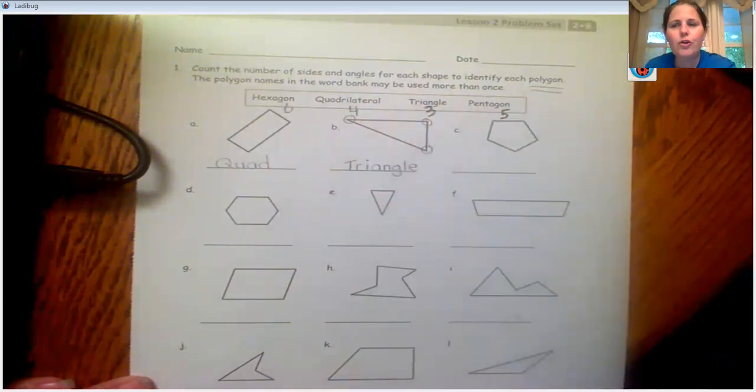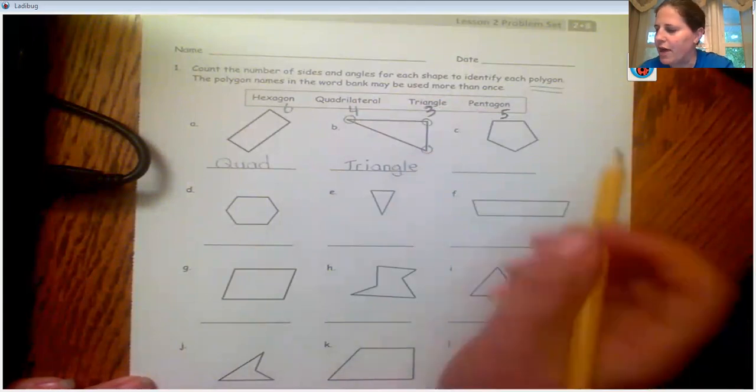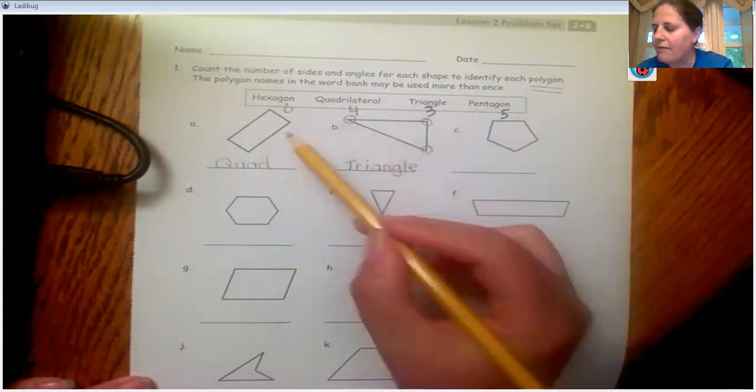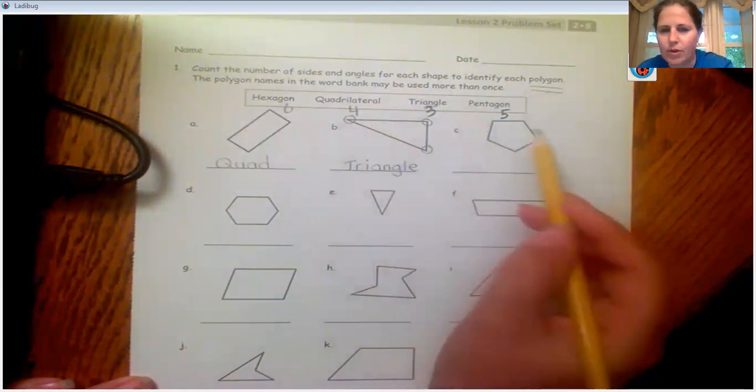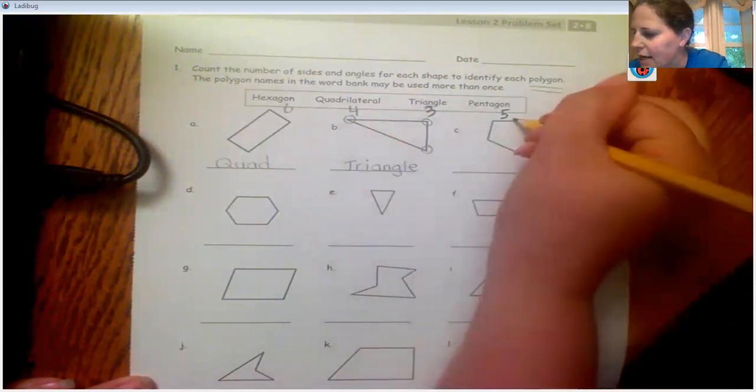I'm just going to go through all of my shapes and do that. When it's not as obvious how many sides it has, I'm going to label the sides so I don't accidentally skip one.